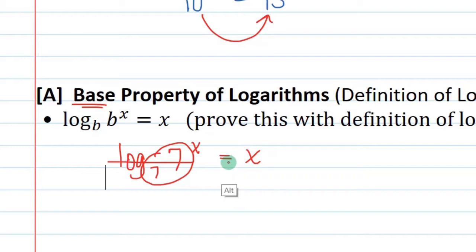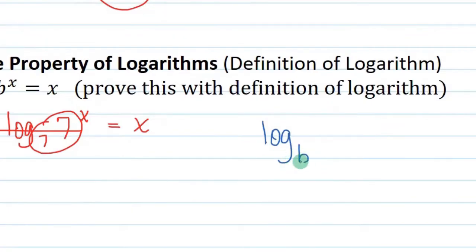So does this work? How do I know this is true? Well, we can prove this using the definition of a logarithm. Let's go ahead and write this logarithm over here. So log base b of b to the x equals x. Now remember the way we changed things from logarithmic to exponential. We said we started with the base, right? This to the power of this had to equal that.